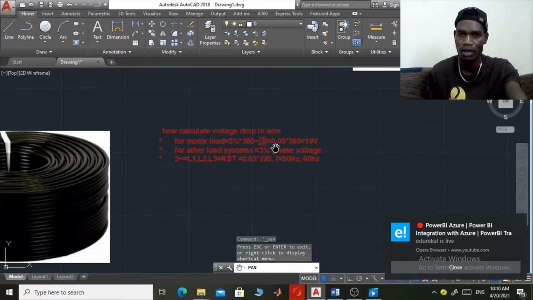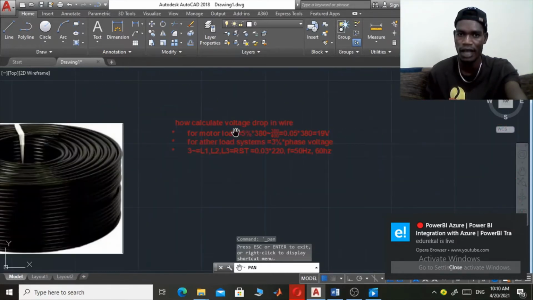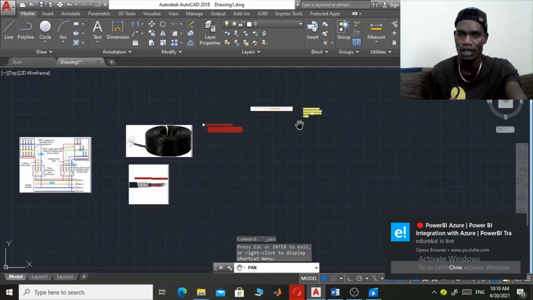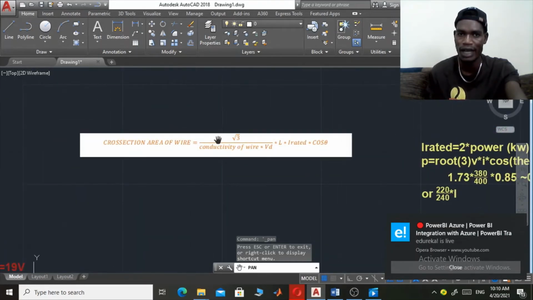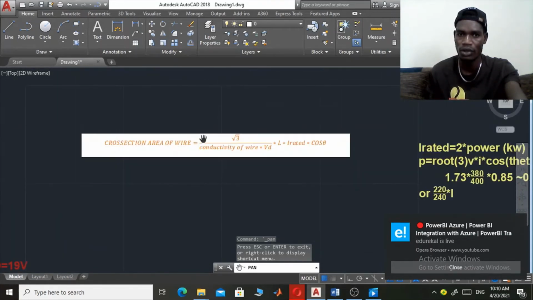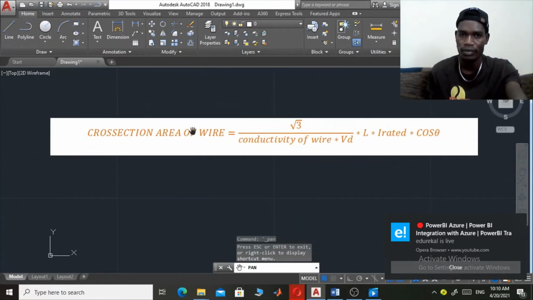So you have to take these items in order to design and get the right wire gauge or wire diameter. This is the conductivity of copper wire, as I told you before, which is 56, standard for copper, taken from the Russian electrician design book. So use 56.